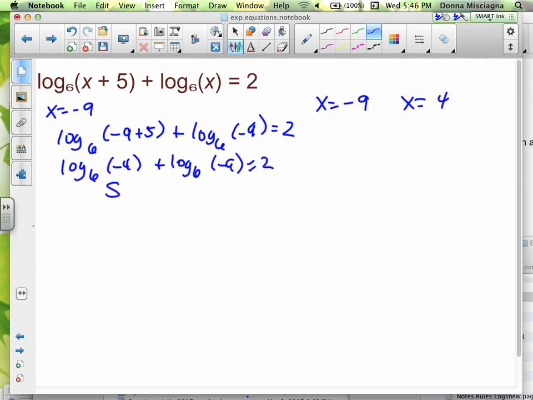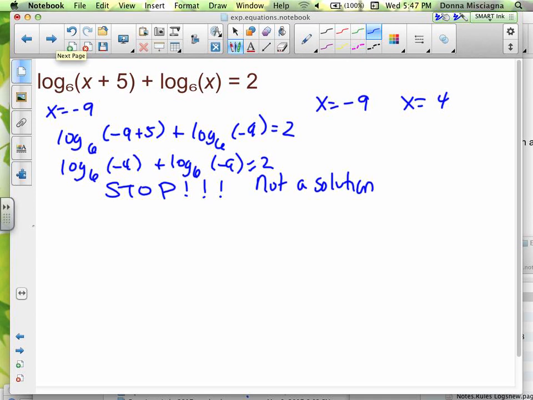And now you may stop. And it is not a solution. Log 6 of negative 4 is nonsense. There's no number you're raising 6 to get negative 4. It's always positive, right? Do not multiply them together and just hide the fact that this is not a solution. Just stop as soon as you get log of a negative number.